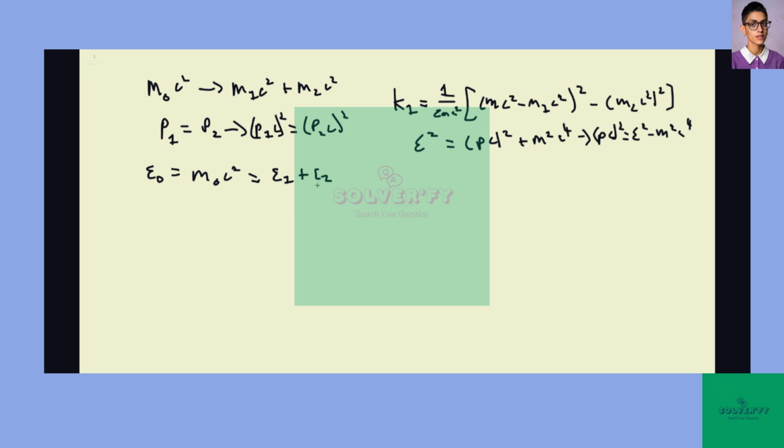Now we can rearrange this a little bit and show that E2 is equal to M0 C squared minus E1.